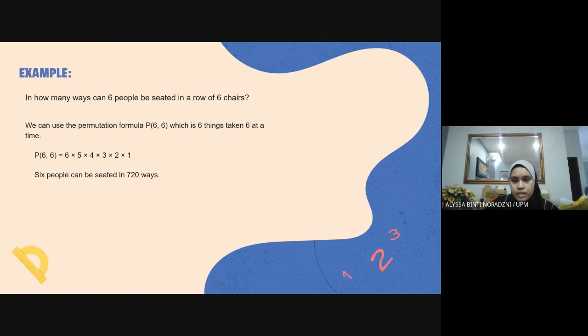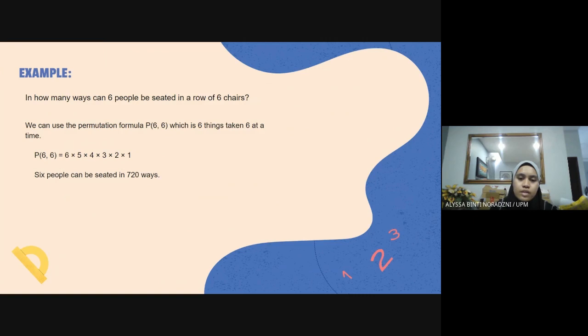Another example is: in how many ways can 6 people be seated in a row of 6 chairs? There are 6 people that need to be seated in a row of 6 chairs. The first person can sit on any of the 6 chairs, then the second person cannot sit on any of the 6 chairs because one chair is already taken by the first person. So there are only 5 chairs left for the second person, and so on.